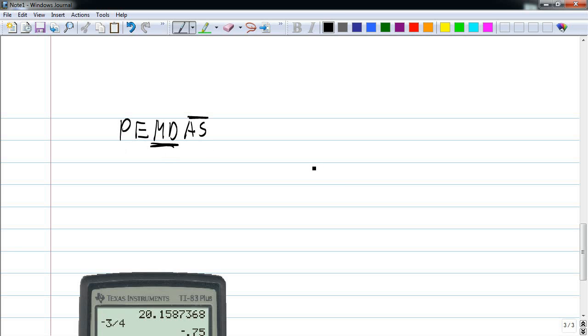So let's look at an example. Let's look at 2 times 3 plus 7 divided by 2. No parentheses, no exponents. I multiply and divide left to right.